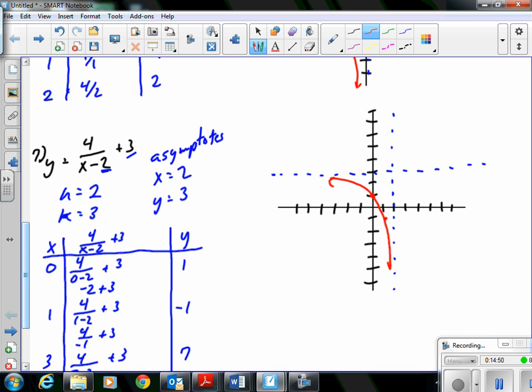So 3 up to 7, 1, 2, 3, 4. So 3, 7 and 4, 5. So that's going to look similar to that there.